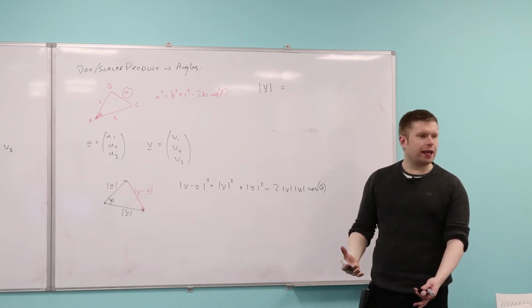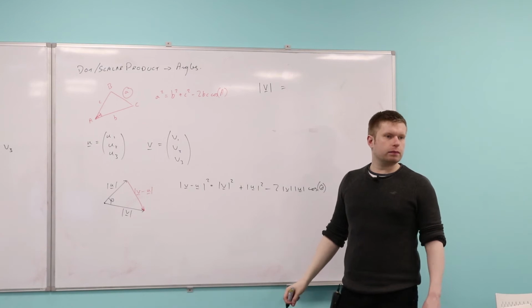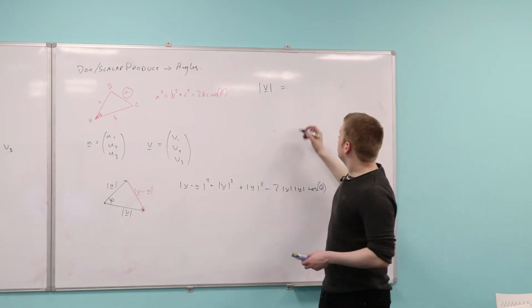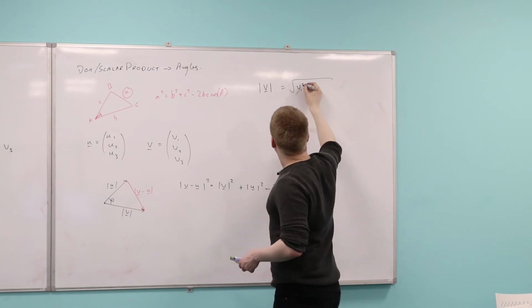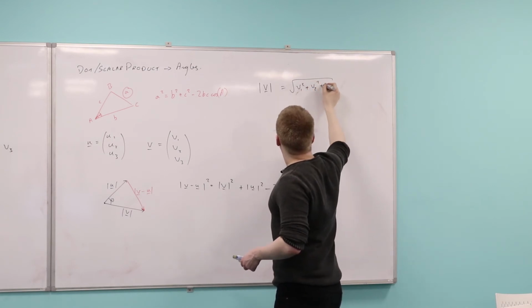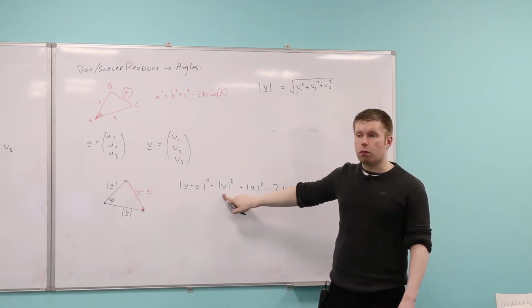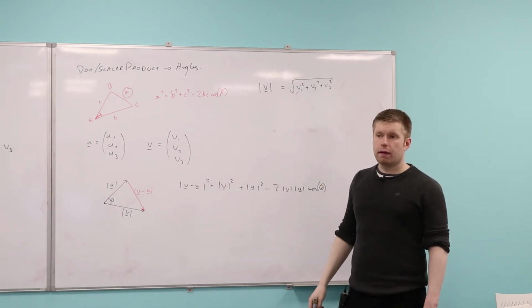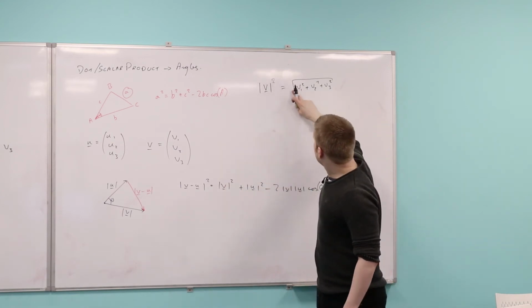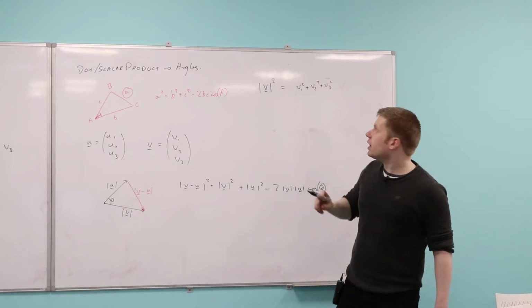So how do I calculate it? If v is equal to v1, v2, v3, then it's v1 squared plus v2 squared plus v3 squared. But remember, I don't want the modulus of v, I want the modulus of v squared. So what would it be? Exactly, just get rid of that square root. Happy with that? That's the same thing.